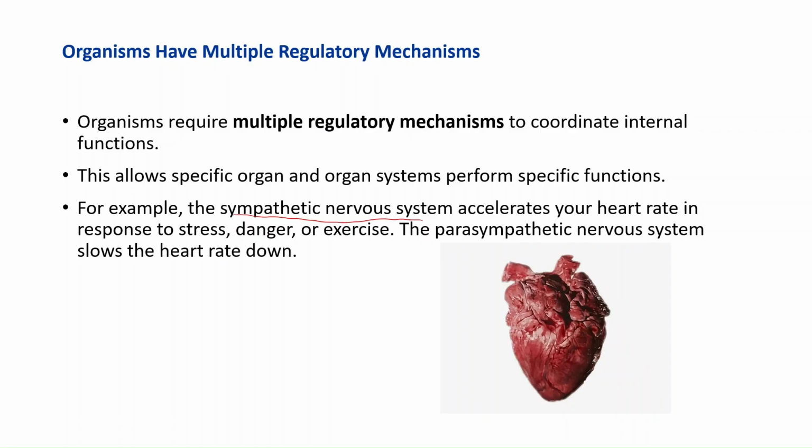So you don't need a lot of oxygen. The heart is going to slow down. You have the parasympathetic nervous system that slows down your heart. So by having two different regulatory mechanisms, the heart beats at exactly the right rate for whatever your activity is. Instead of you having to adapt to whatever the heart allows you to do, the heart adapts to whatever you want to do.